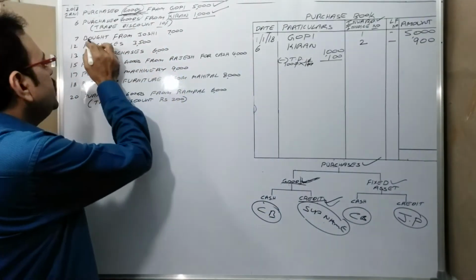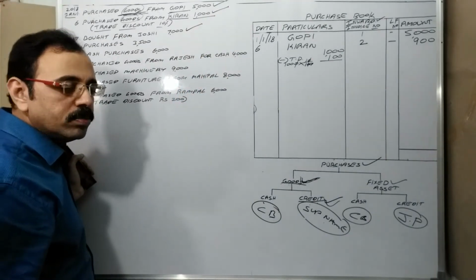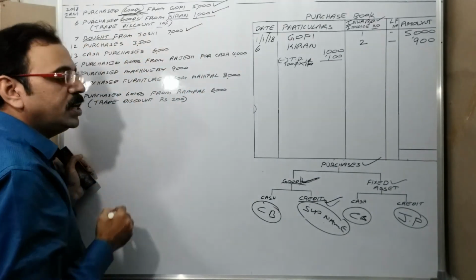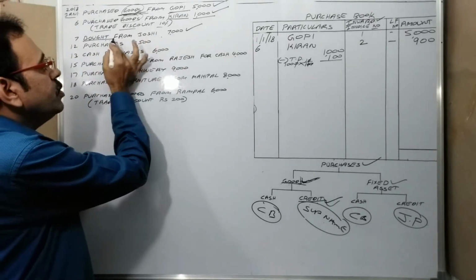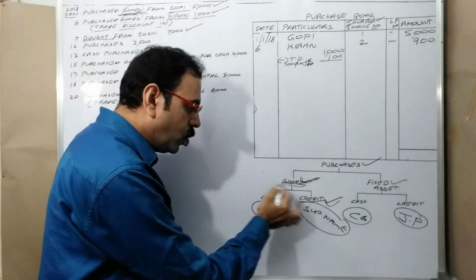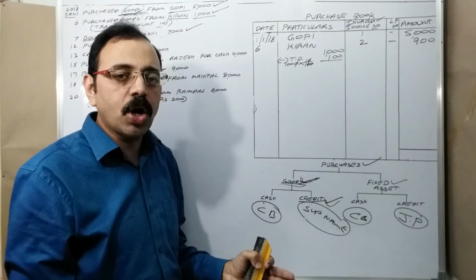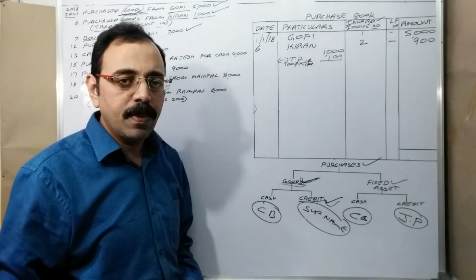Then the next transaction is bought goods from Joshi. Bought means purchased. Here what we are buying, that information is not given. Then generally what do we buy? Goods. If you take a stationery shop, from time to time they purchase stationery items.